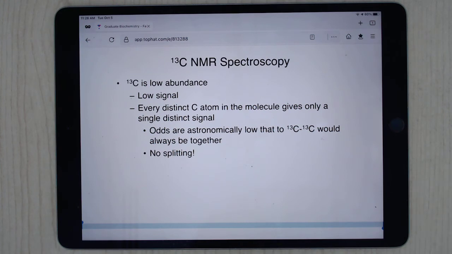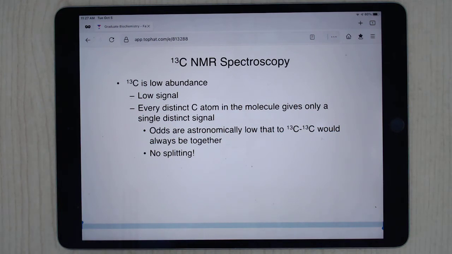The other thing about carbon-13 is that, unless you put it there, the likelihood of 2 carbon-13s being right next to each other is astronomically low. Even if you do have a molecule where the carbons just so happen to be next to each other, it's only going to be one molecule in billions of molecules, or trillions, or however you want to put it.